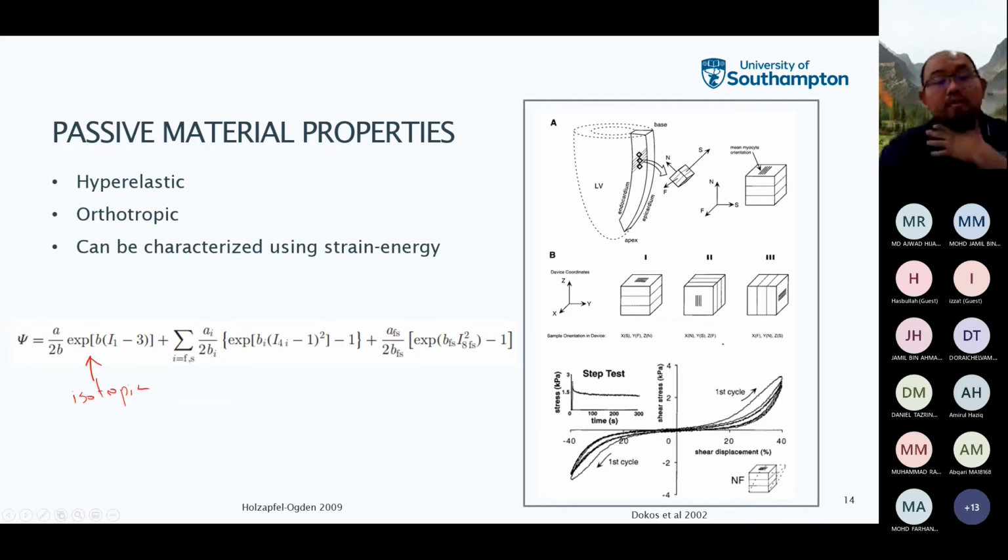The heart is built up by fibrous cells that are isotropic, but the muscle cell also provides some anisotropy, which is given by the second term over here. The last term also provides some anisotropic characteristic as well. So with this hyperelastic strain energy, we can characterize how the heart behaves using this simple model.